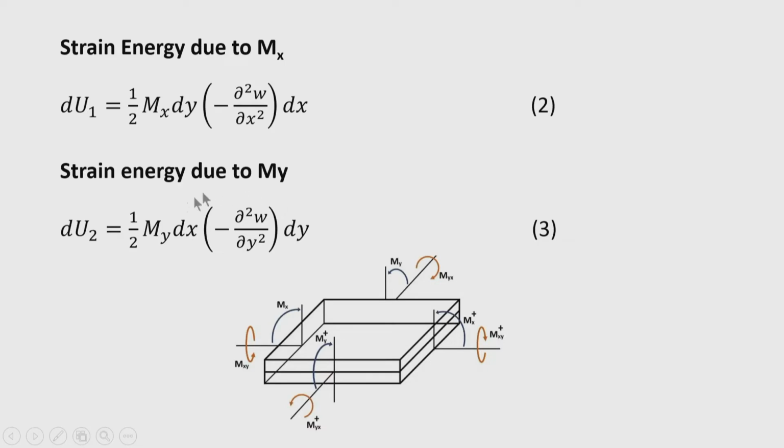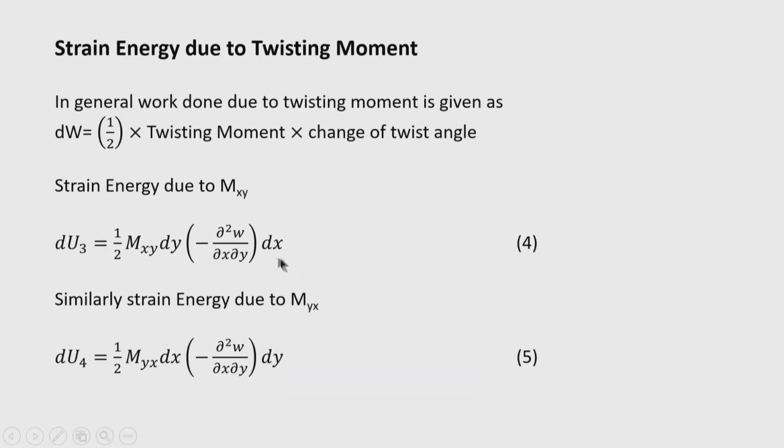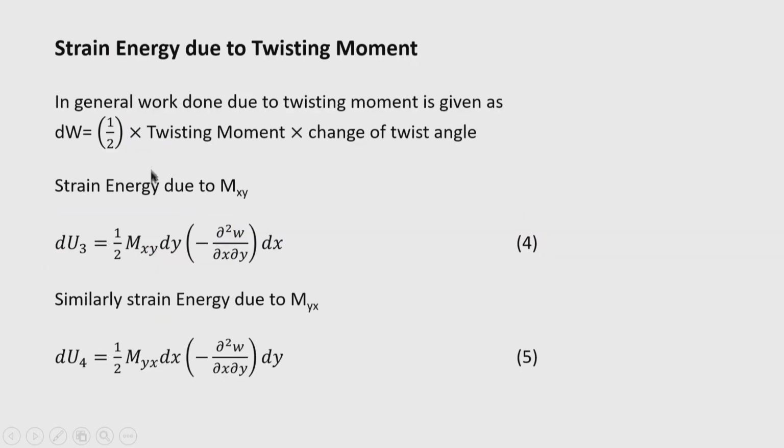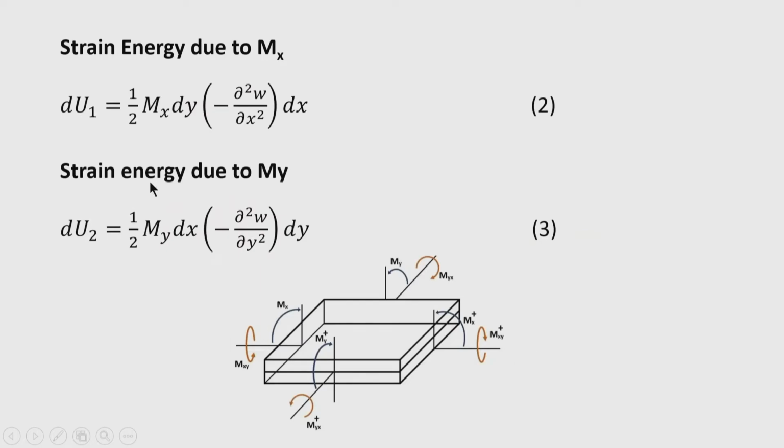The strain energy expression for the twisting moment can be simplified by taking Mxy equal to Myx. So the expression for total strain energy now becomes the summation of all components. What are the components? Let us see.